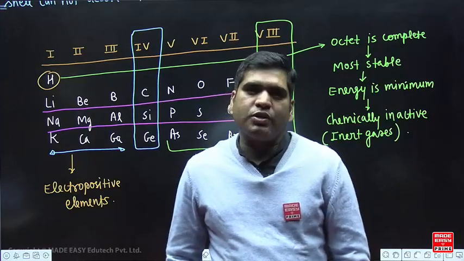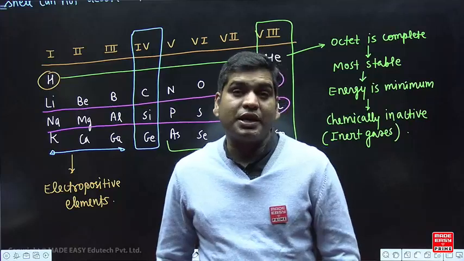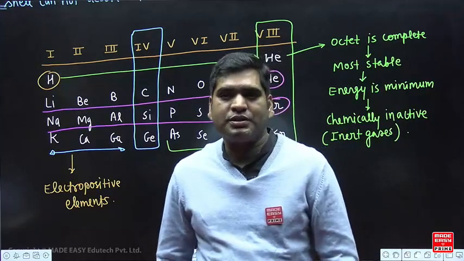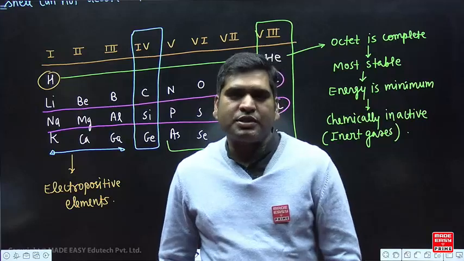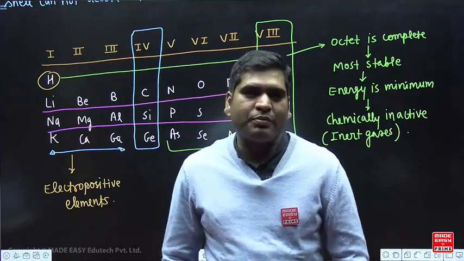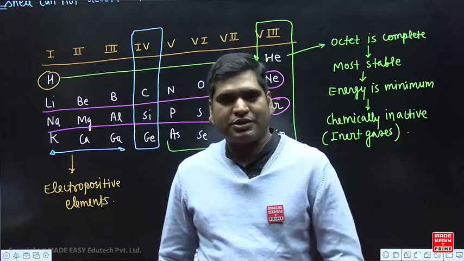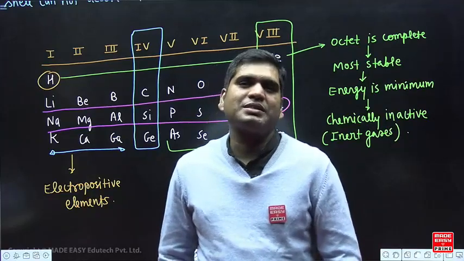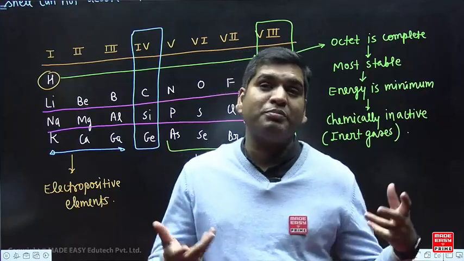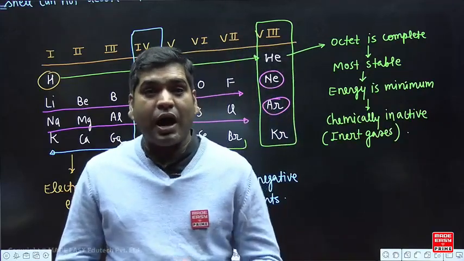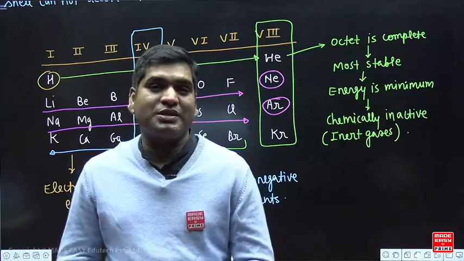It will become stable only if its electrons are coming out of its house and they are interacting with some neighboring atoms. Some neighboring atoms means some students. So if they interact with some neighboring students, they make bond with them, then only they will try to get the stability. So in the next class we will try to see how the atoms are bonding with the neighbors, how I am making a bond with you to get the stability. That would be the matter of discussion in the next class.